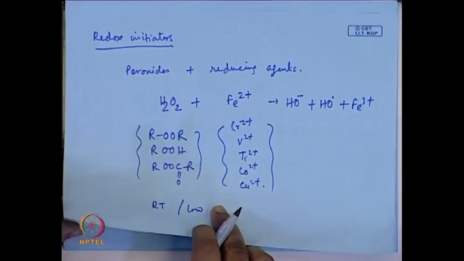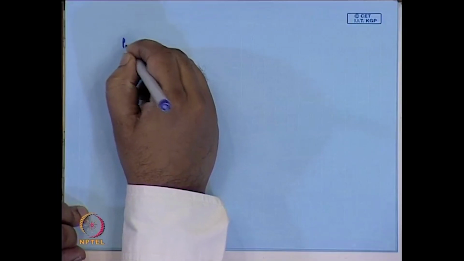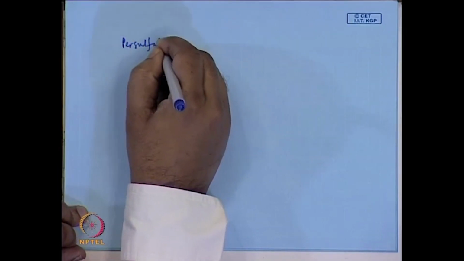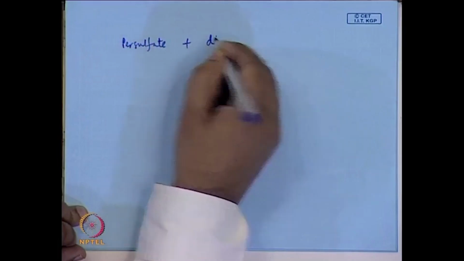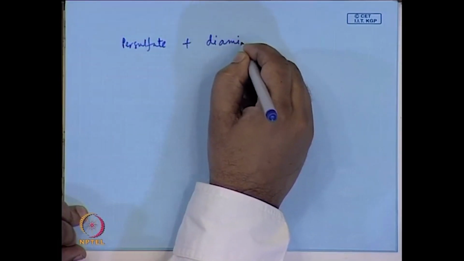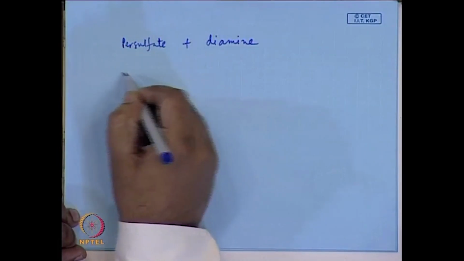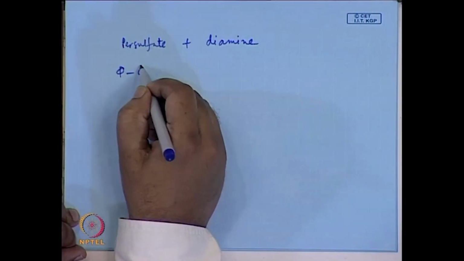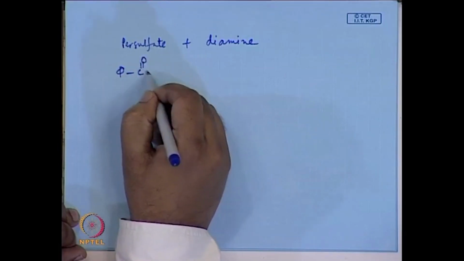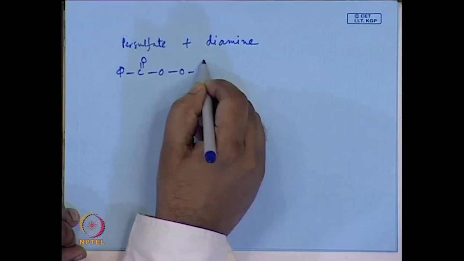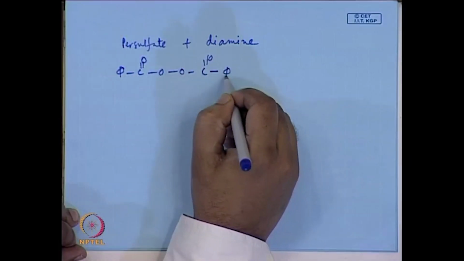Another example of a redox initiator is persulfate plus diamine, again a combination of reducing and oxidizing agents.